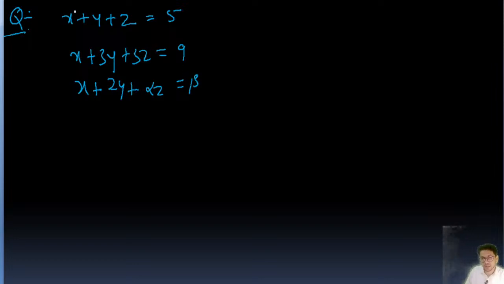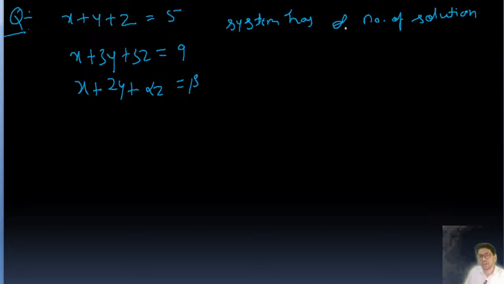This is the equation which is given, and this system of equations has an infinite number of solutions. Infinite number of solutions means non-trivial solution, meaning the rank of A equal to rank of C less than n. And the values of alpha and beta we need to find out. Okay, this is the question.